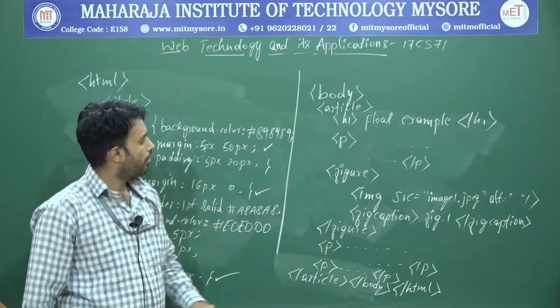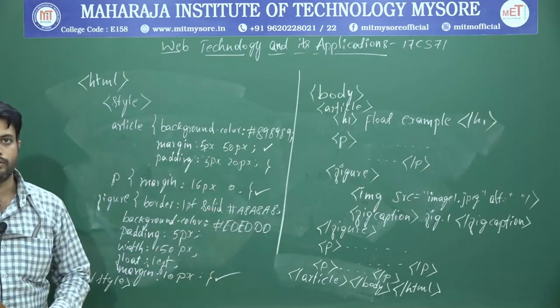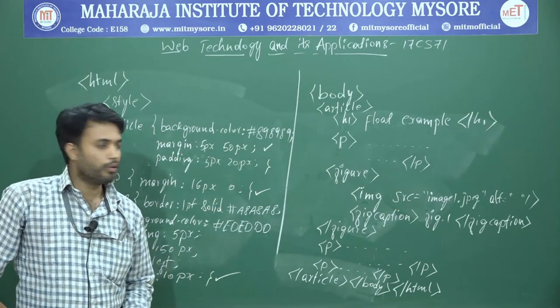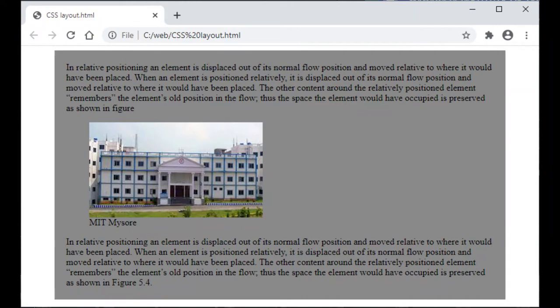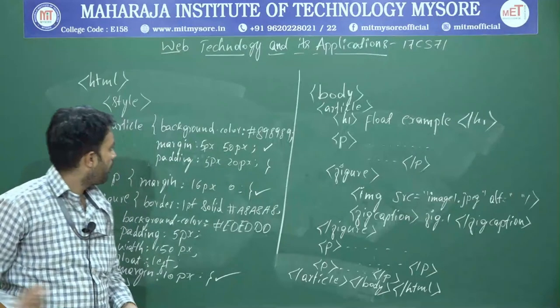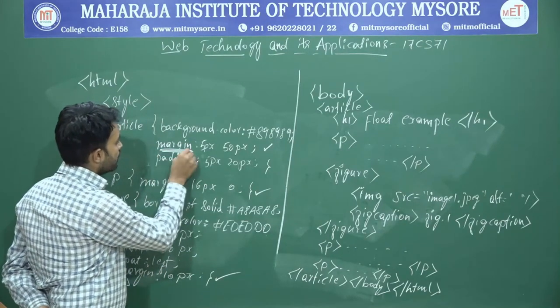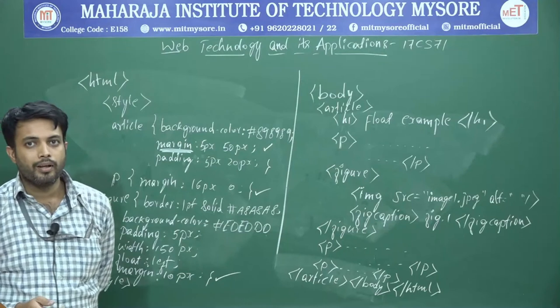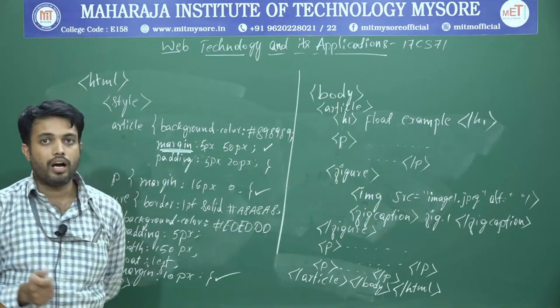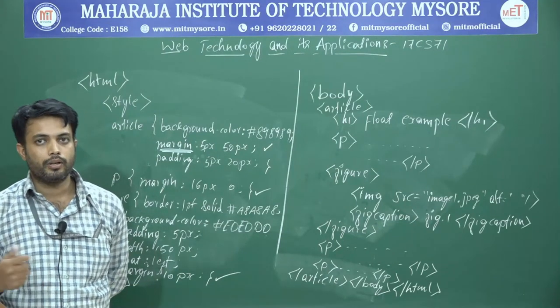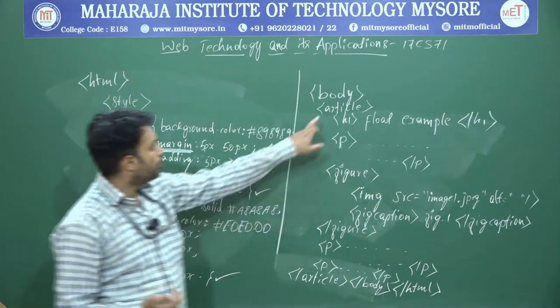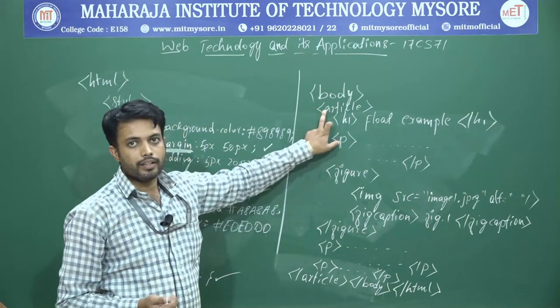Now if I run this program, you can notice the output. In that you can observe that the article margin is the margin between the article content and the body. So this is between body and article.